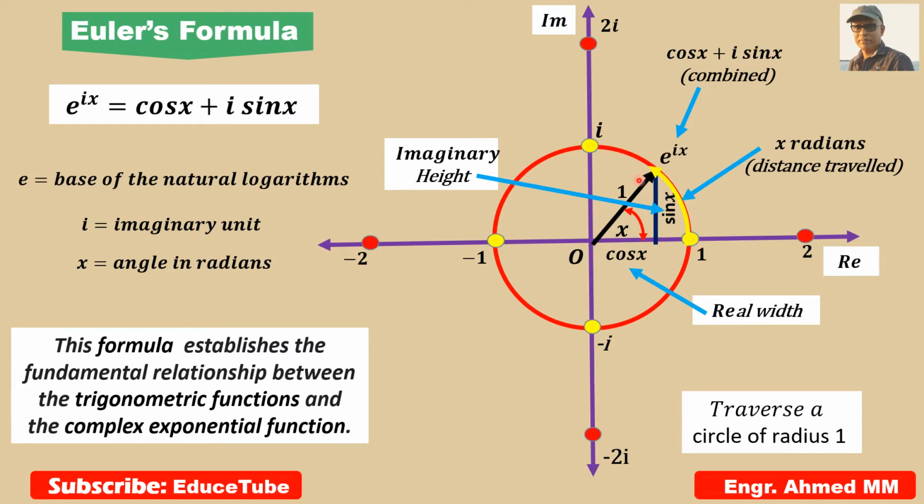It's an important point, x radians. So the distance crawled around a circle is an angle in radians. We understand this right now, because I already told it before.